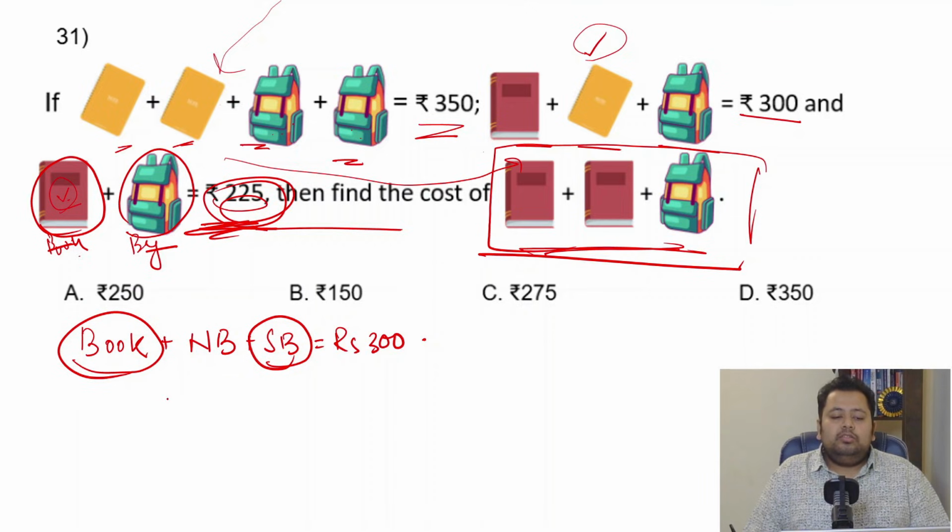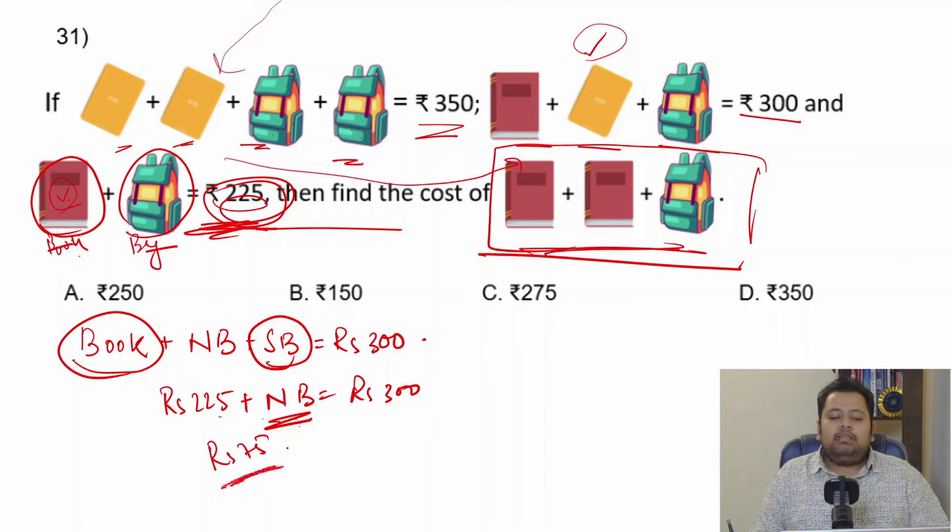So this is rupees 225 plus notebook is rupees 300. What should be added here so that this becomes rupees 300? So rupees 75 needs to be added. So notebook now becomes rupees 75. So we now know this value is rupees 75.